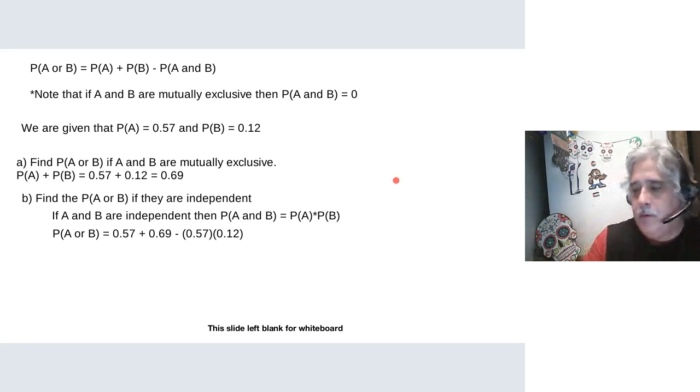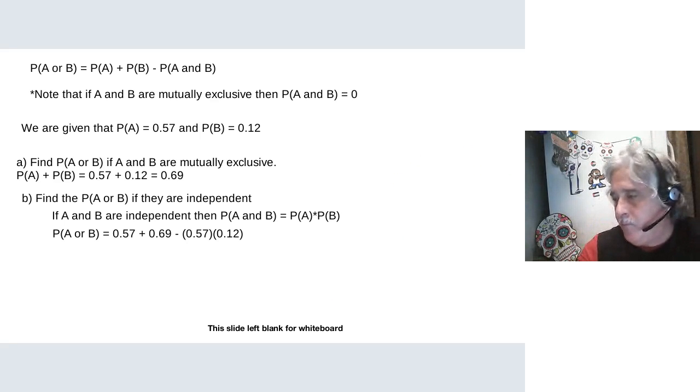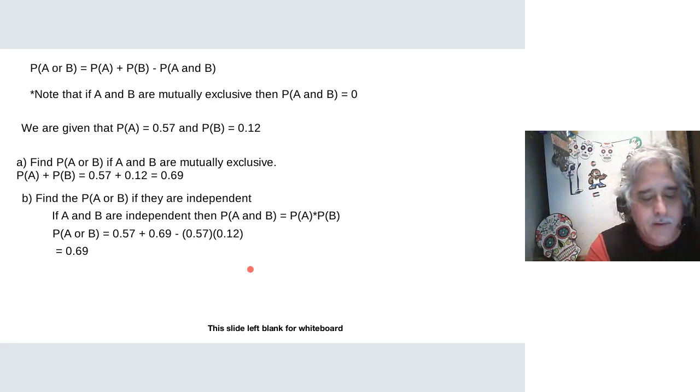All right, so 0.69 minus, and if you multiply 0.57 times 0.12, you get 0.0684.